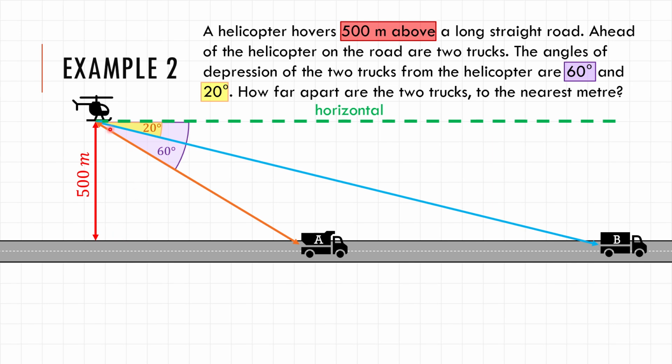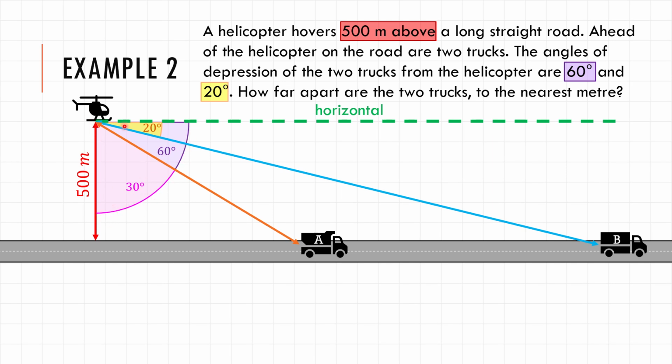And the third one can be found by looking at this angle here and saying, okay, well, if this is 60 degrees and this is horizontal, which is parallel to this road, which is also horizontal, then the angle from here all the way to here must be 90 degrees. And if this portion is 60, the remainder must be 30 degrees. Together, these two would make 90.